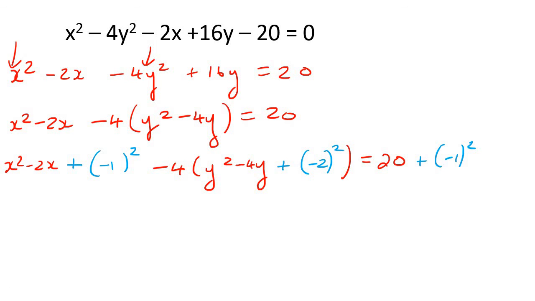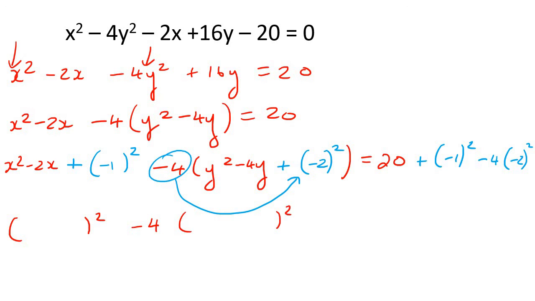So it's going to be that, and then plus, and this number needs to go with it. So we're actually going to make that a negative 4, and then negative 2 squared. Now we turn it into two brackets on this side, like that, and then this part you just put on your calculator, and that gives us 5.